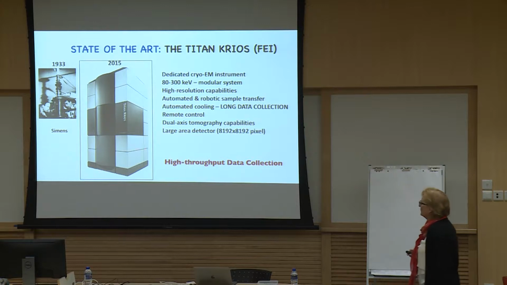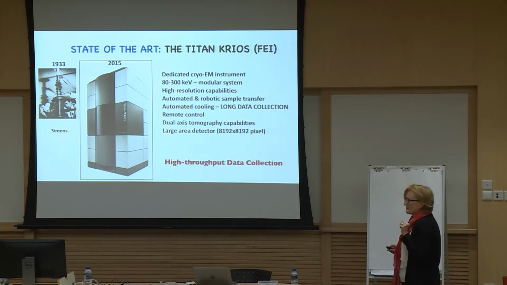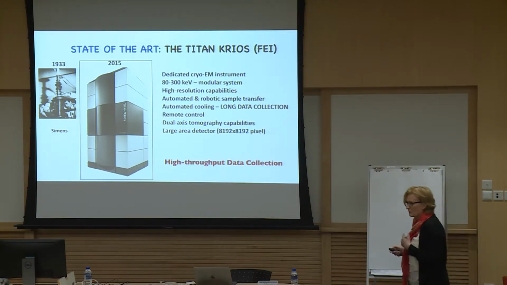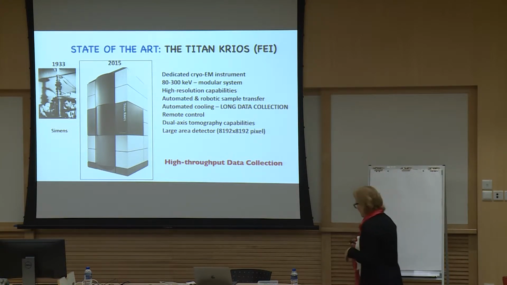So basically, we do high throughput data collection, and I can tell you one of these microscopes produces 2 terabytes of data a day. Okay? So then the next question is, how do you deal with that data? So you have to set up quite sophisticated computation, which we had to do here at NTU to be able to analyze the data.